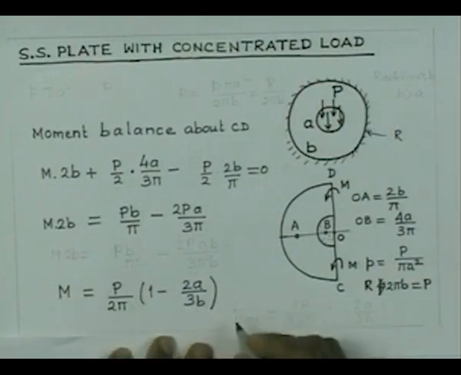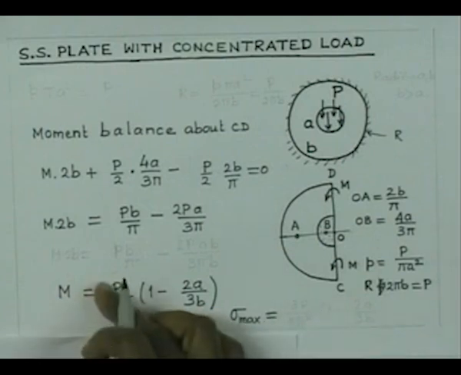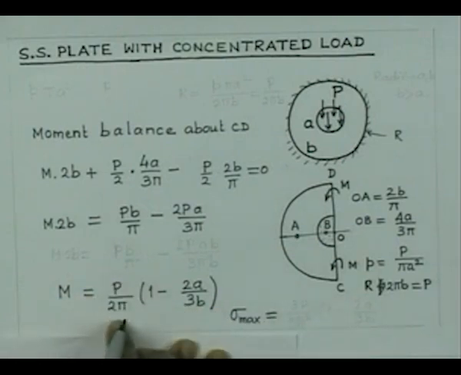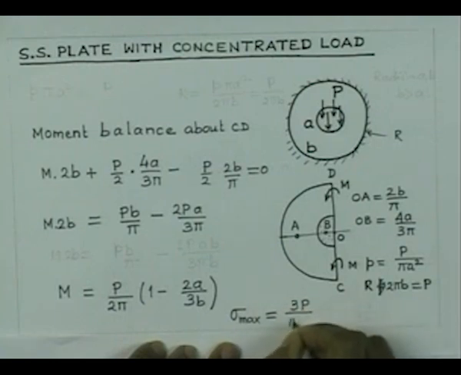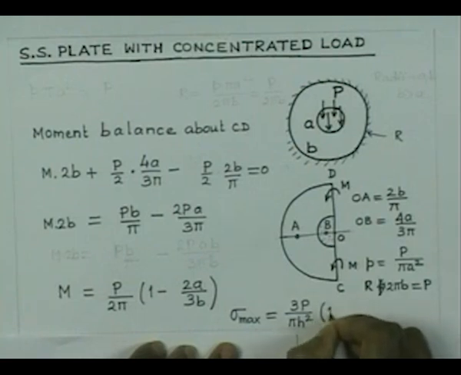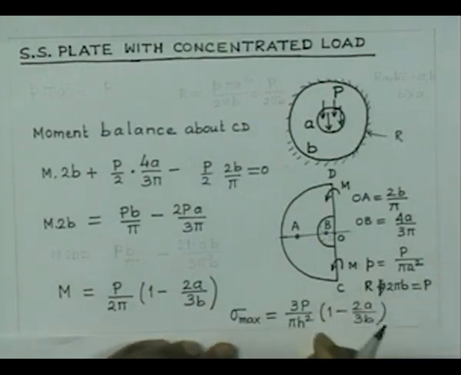So, sigma max is 6M by h square. Therefore, 2 will cancel, and we will have 3P by pi h square into 1 minus 2a by 3b. So, that is the magnitude of the stress.